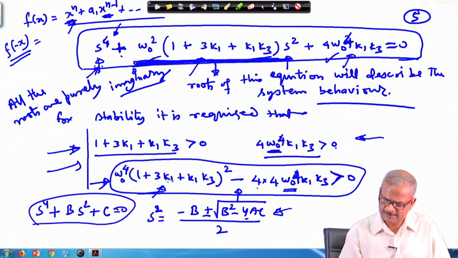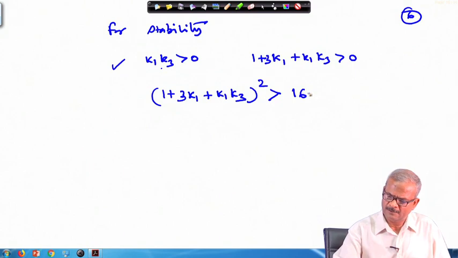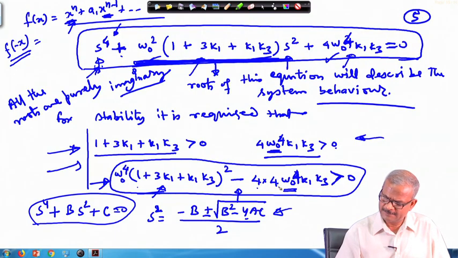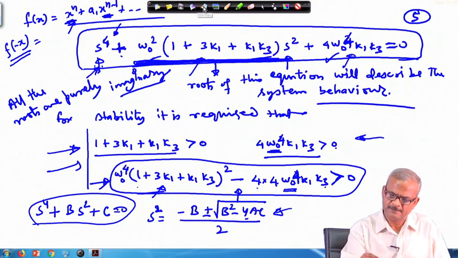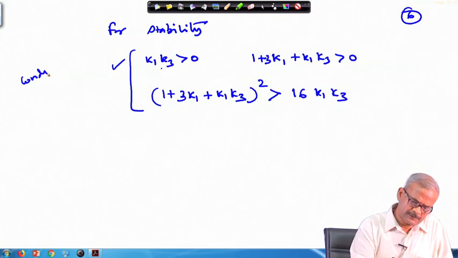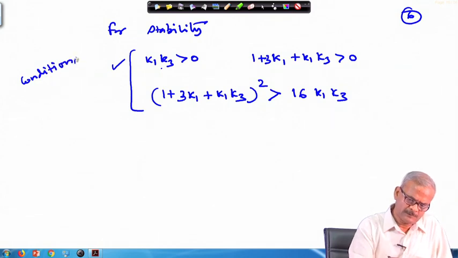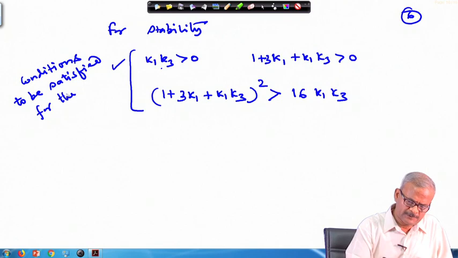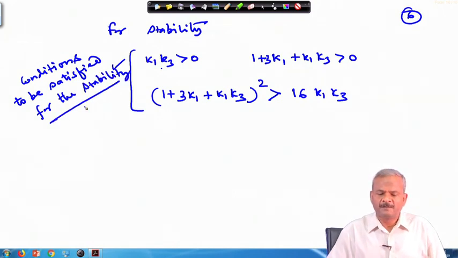Thus we get that this quantity square should be greater than 16 k 1 k 3. These are the conditions to be satisfied for the stability.